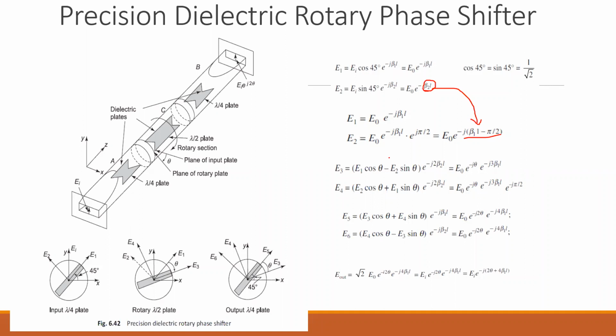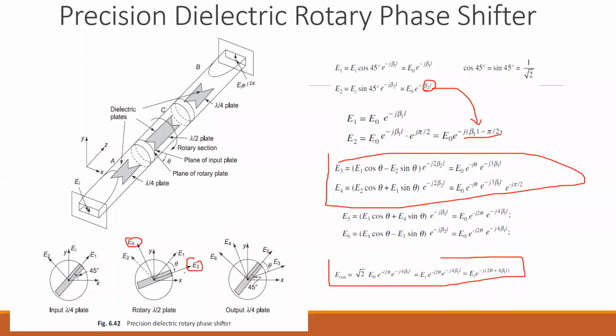Now from these components, you can look forward to identifying what E3 and E4 are. By the mathematical representation, you can see what the overall results are. That is what is being displayed in this case. When we consider the final output, you can see that it is dependent on the theta angle you have rotated.